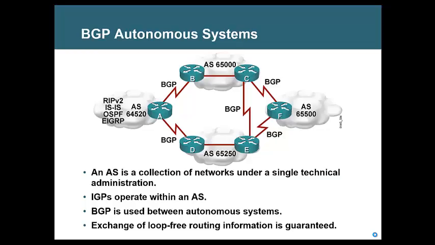So when you have multiple networks within the autonomous system, you need an IGP protocol to find the best path. Now, talking about the network between the autonomous systems, we use BGP. IGP examples, you see there in the cloud on the left: RIP version 2, IS-IS, OSPF, and EIGRP.